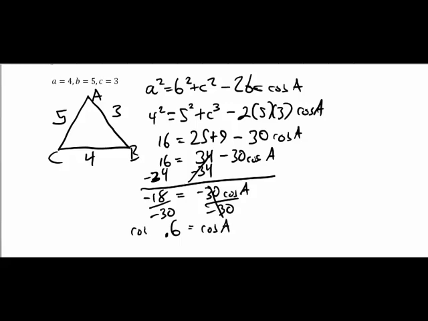If I take the inverse cosine of both sides, what I'm left with on the right-hand side is the letter A, and on the left-hand side, what I'm left with is 53.13 degrees. So angle A is 53.13 degrees.